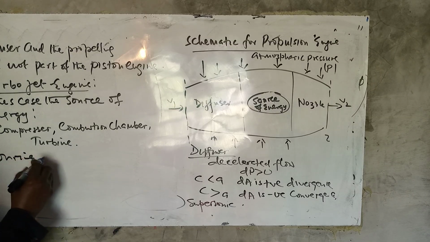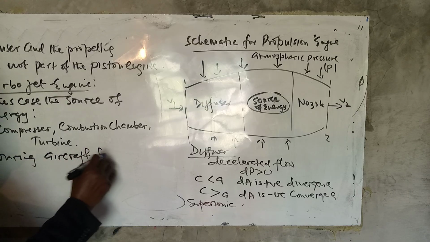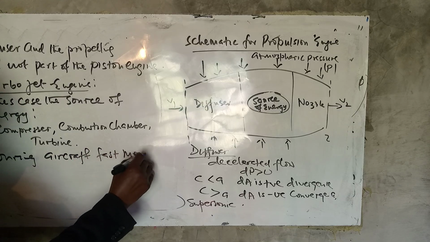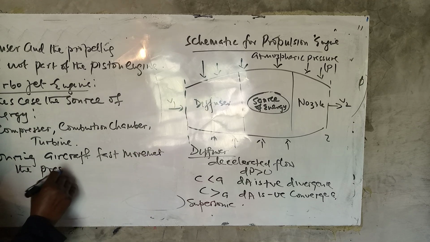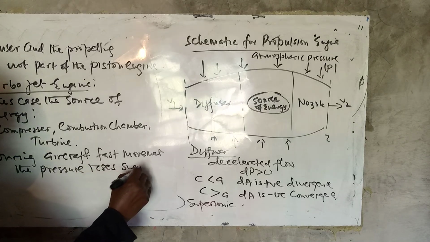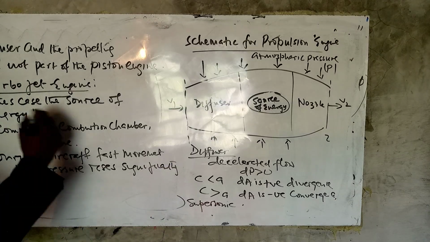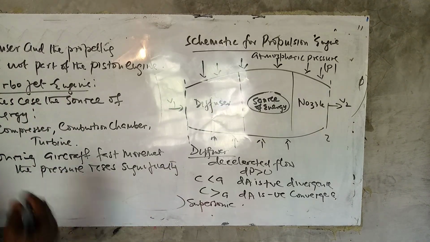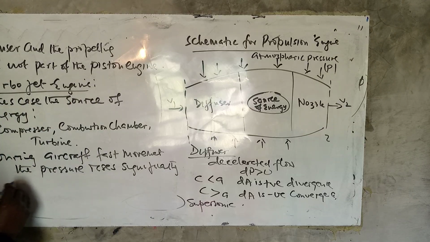During aircraft fast movement, the pressure rises significantly, therefore there's no need for a compressor and of course a turbine, because that's the one which drives the compressor.